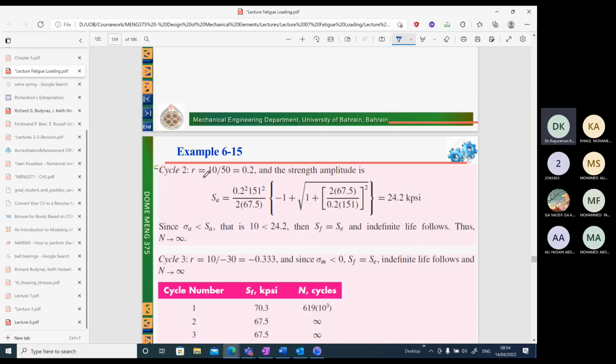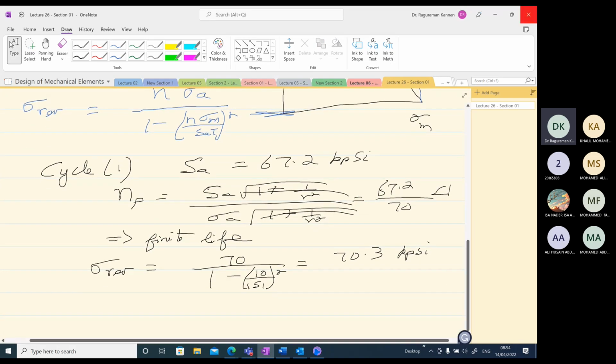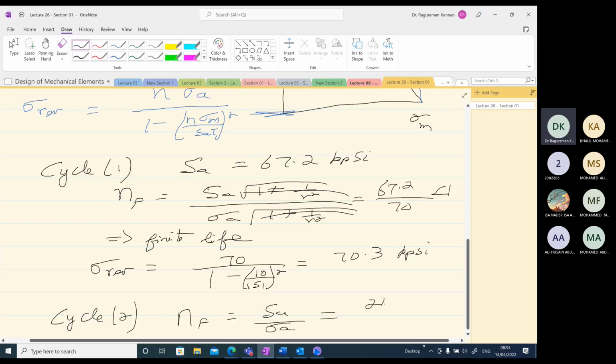Let's try for cycle 2. In the same way, 10 over 50, we get 24.2. Sigma A value is 10. And what do we get? The fatigue factor of safety in cycle 2 is SA over sigma A, and SA is 24.2.